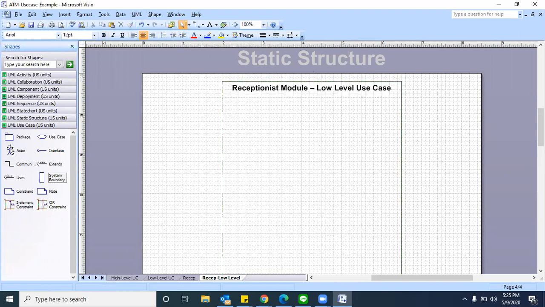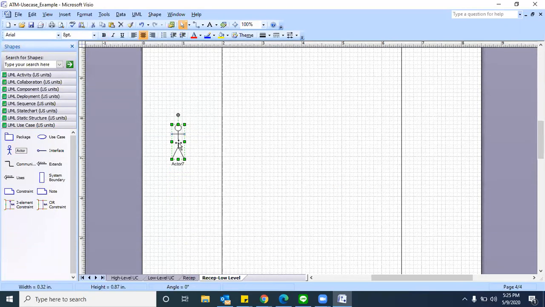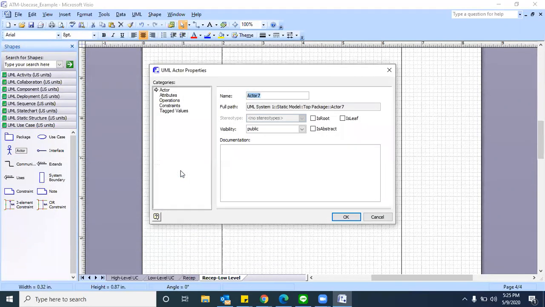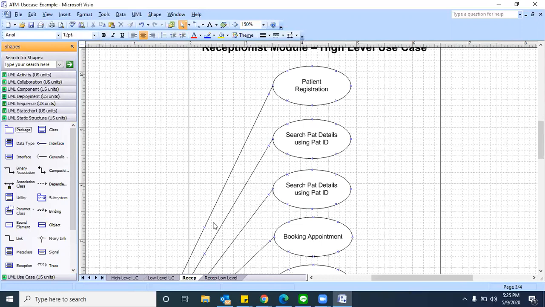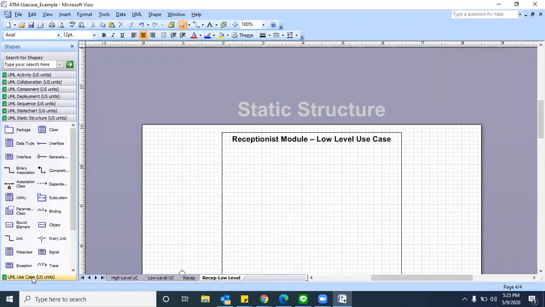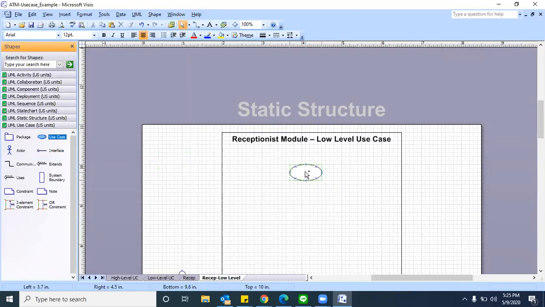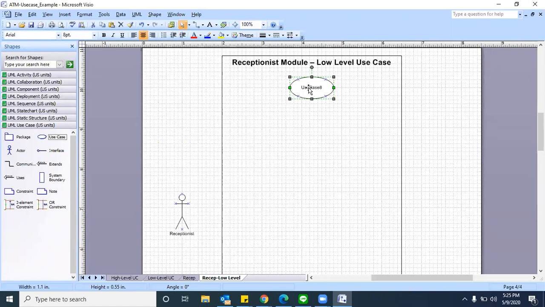Now again, we can take an actor, that is the receptionist here. What is the first use case here? Patient registration, right or wrong? Correct. So let's take patient registration. Are there any dependent use cases for patient registration? Search for patient availability.